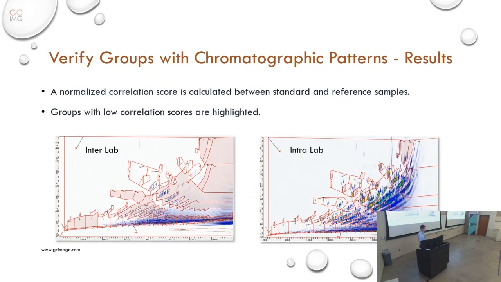And if the score is below a certain threshold, we can highlight that as an area for potential manual investigation or correction if necessary. On the interlab case acquired between two different labs, we have a fair number of highlighted regions that are flagged for manual verification. With the intra-lab case, there are just a handful of regions to be checked out manually for further verification.